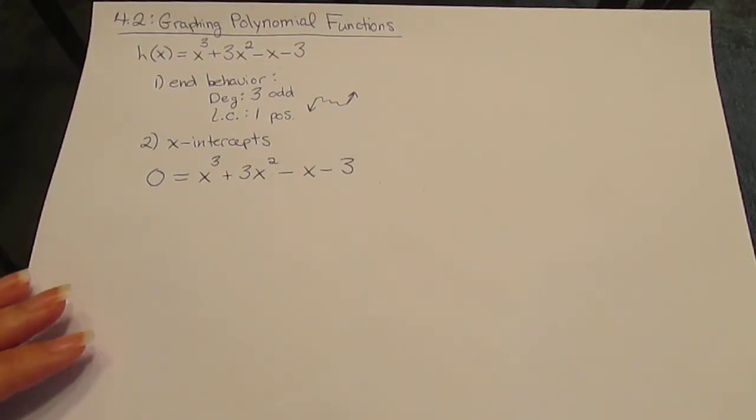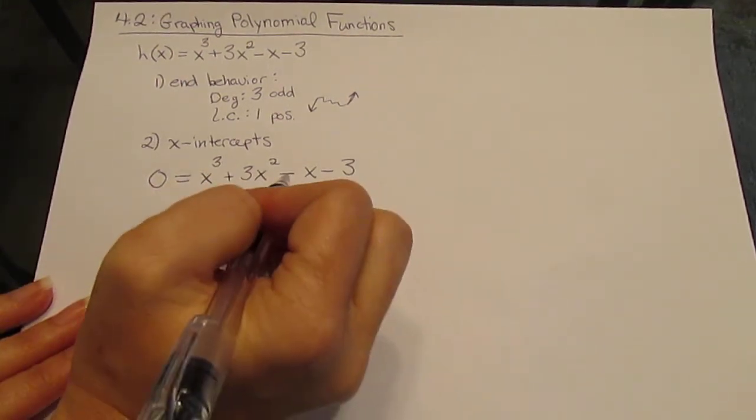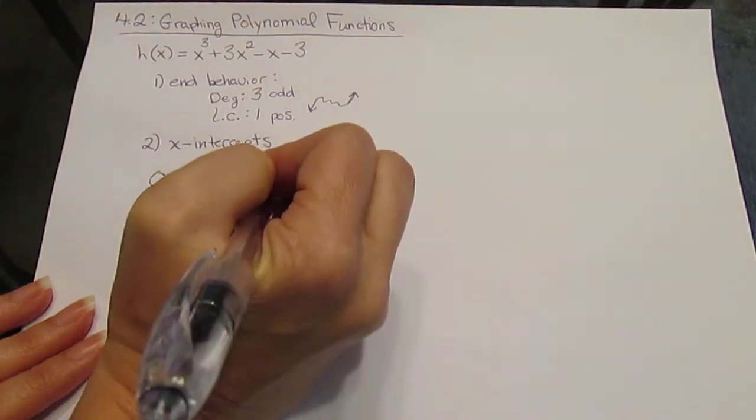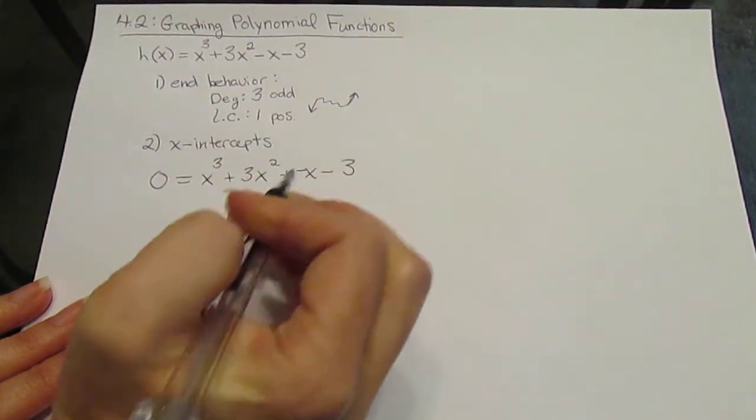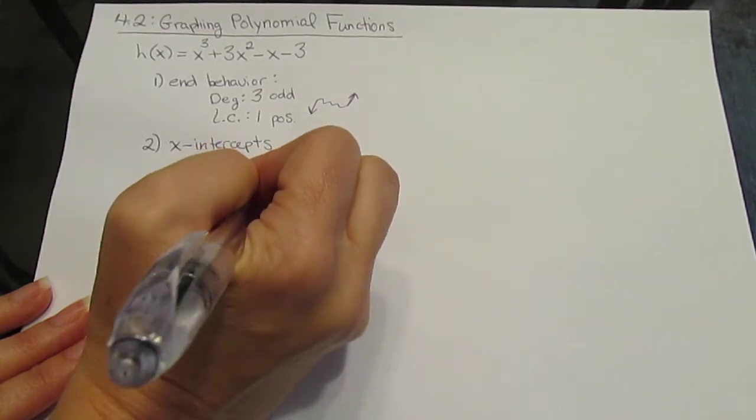So this is a prime candidate for factor by grouping. Before I group them, if there's a minus sign in the middle, I'm going to put plus the negative because that negative only goes with that term right there. And then I'm going to group them.